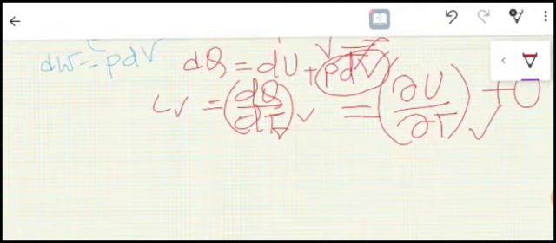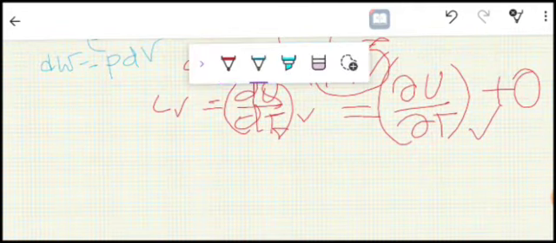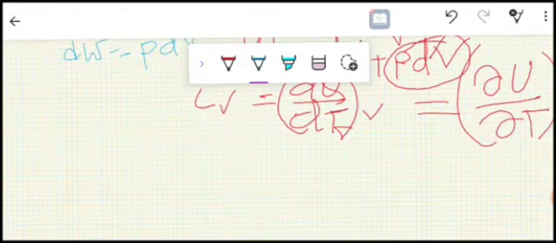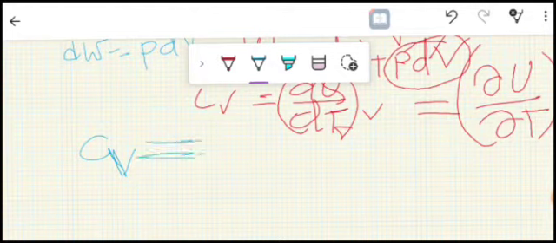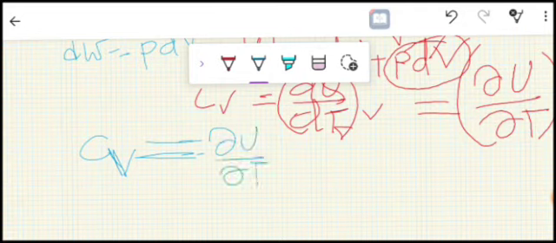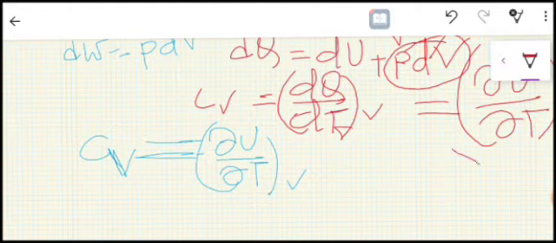So Cv we can write simply del U del T at constant V. Similarly, we can calculate the value of Cp.